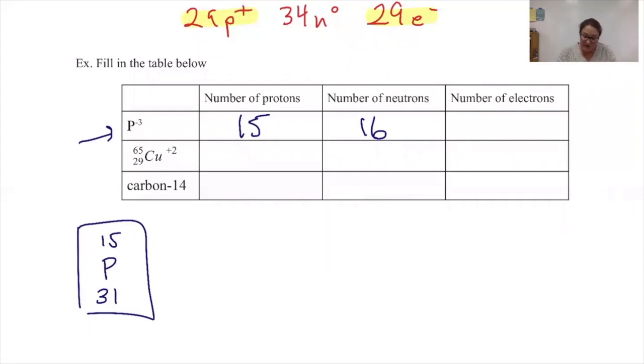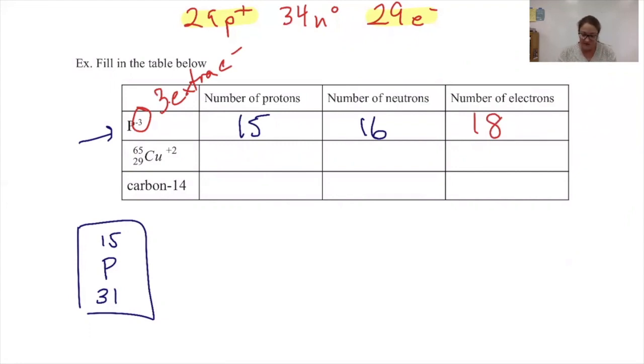Next, I'm going to figure out the number of electrons. The number of electrons is the same as the number of protons, unless the atom is charged. This atom of phosphorus has a charge of -3. That means it has 3 extra electrons, meaning it has 3 more negatives than it does positives. Therefore, the number of electrons in this would be 18.